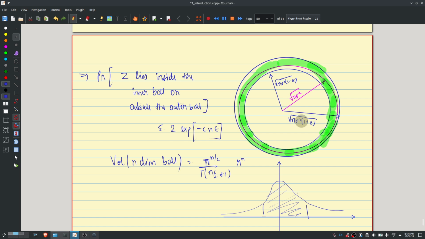And the reason this happens is that in high dimensions, most of the volume of an n-dimensional ball of a given radius is very close to its surface and not close to the origin. Alright, so that's where most of the probability is concentrated.